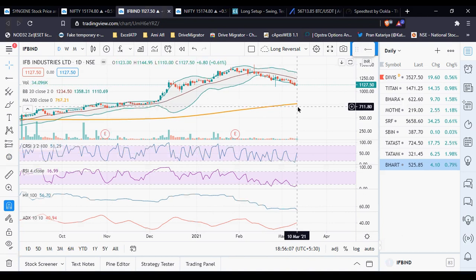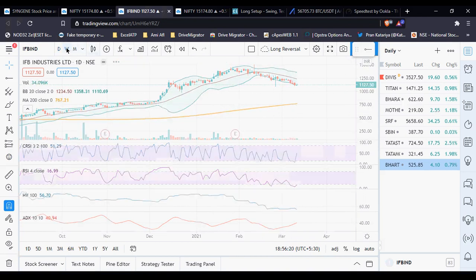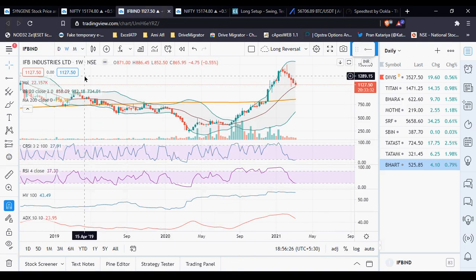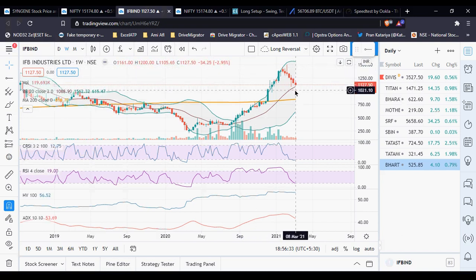The next candle is green, trading well above the 200 moving average. Connors RSI and RSI 4 are matching. Historical volatility and ADX are well above 40 and 30. And on a weekly time frame, you have it trading above the middle Bollinger Band. So this could be another potential multibagger or swing trade for me for maybe the next 5-6 days or 2-3 days.